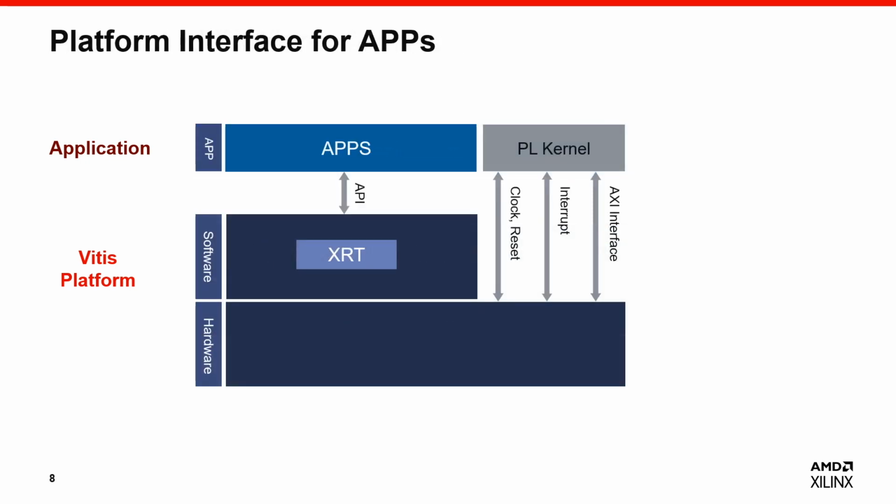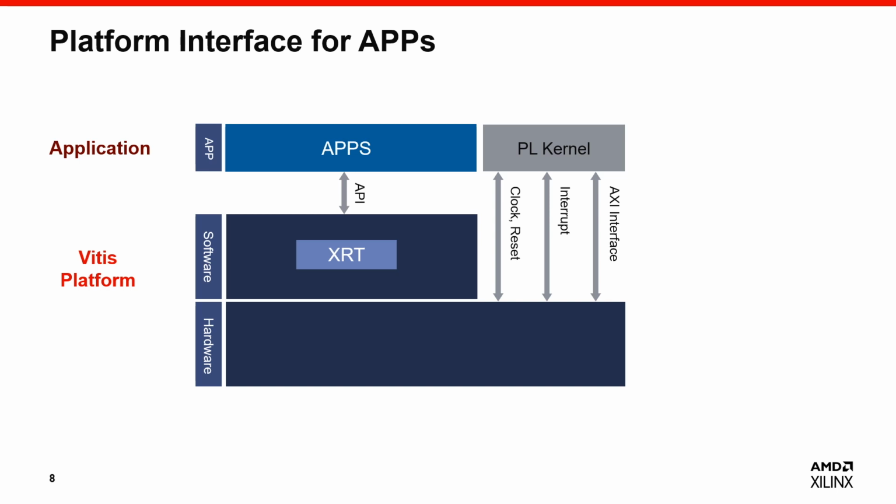It standardizes the interfaces between the platform and the applications with a set of common rules, which makes the applications and the platform cooperate with each other. The hardware part provides the interrupt signals, clock and reset signals, and AXI interfaces, such as AXI memory interfaces, AXI control interfaces, and AXI stream interfaces for kernels. V++ will integrate the kernel with the hardware according to the user's hardware link configuration.